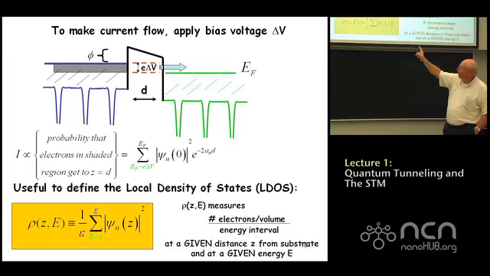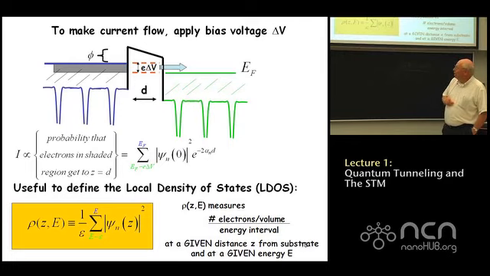The current is proportional to the probability that the electrons in the shaded region get to z equal to d, and the probability that the electrons get from z equal to 0 to z equal to d is just this wave function psi of 0, evaluated at z equal to 0, squared, times this attenuation coefficient e to the minus 2 alpha d.